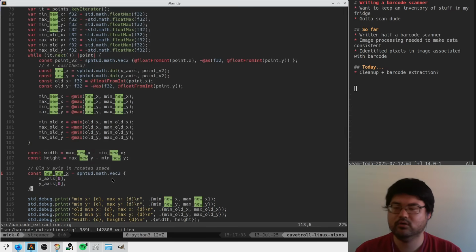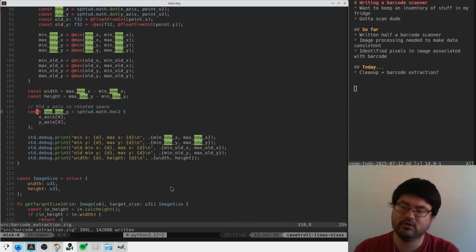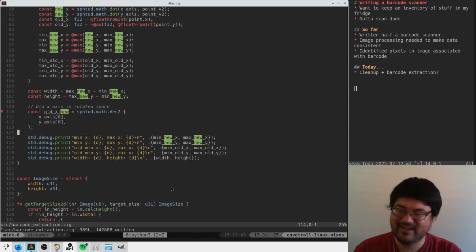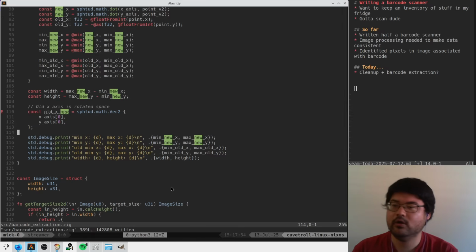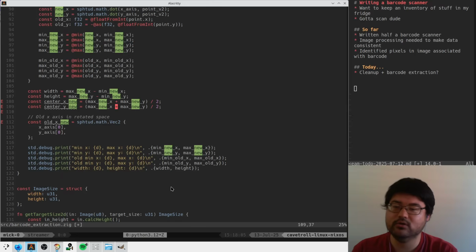Okay, so old x new, we'll call it, old x-axis in rotated space. And so we should be able to apply the center positions, like center x new is max new x plus max new y over 2. Center y new.